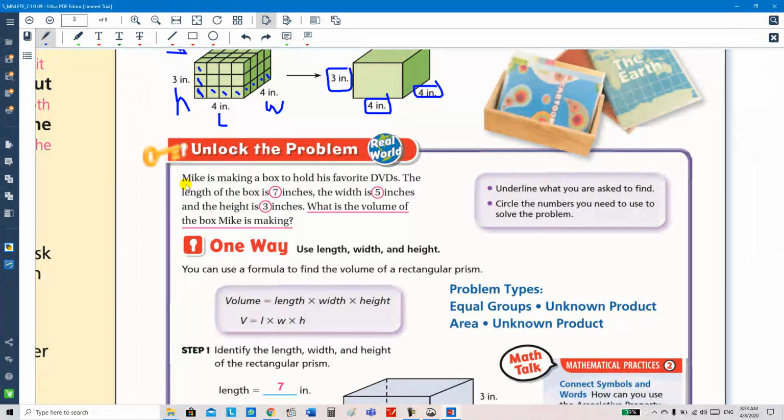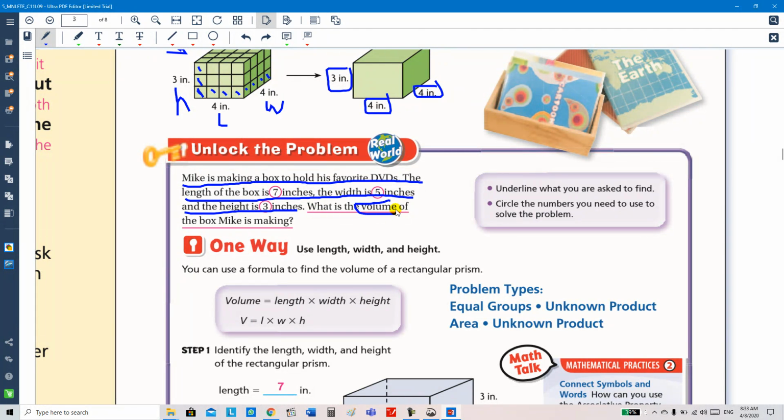Okay, unlock the problem. Mike is making a box to hold his favorite DVDs. The length of the box is 7 inches, the width is 5 inches, and the height is 3 inches. What is the volume?